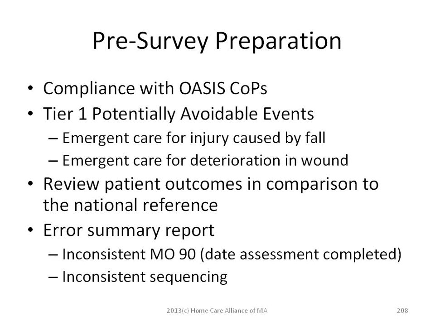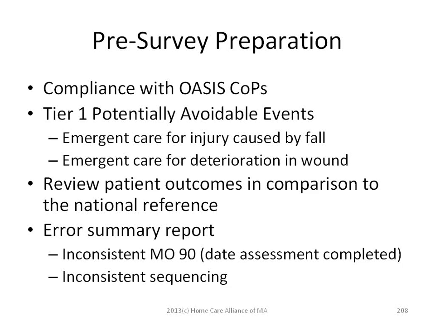So pre-survey preparation, again, compliance with OASIS COPs. They will look, for example, at Tier 1, potentially avoidable events, specifically emergent care for injury caused by fall and emergent care for deterioration in wound. Those are the top 2 areas that are problematic with home care agencies.